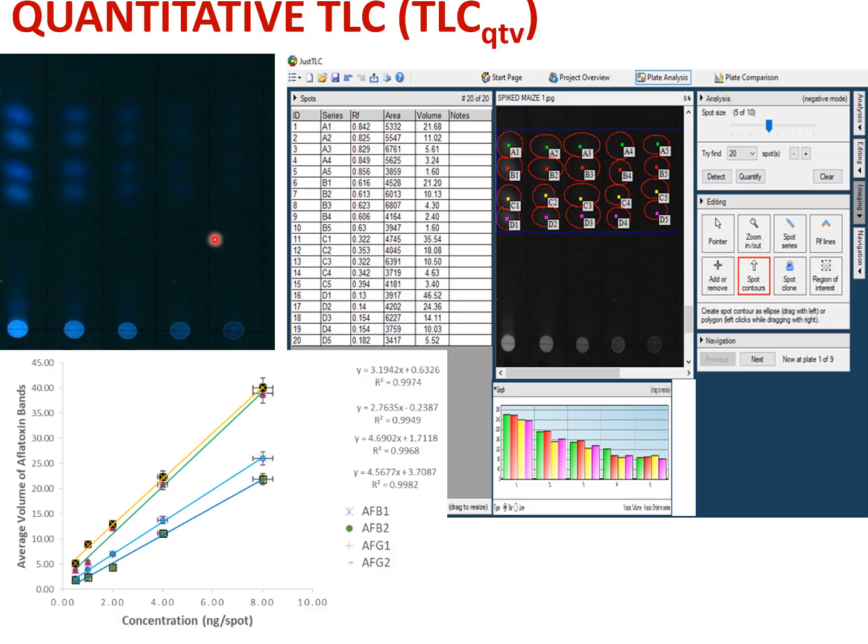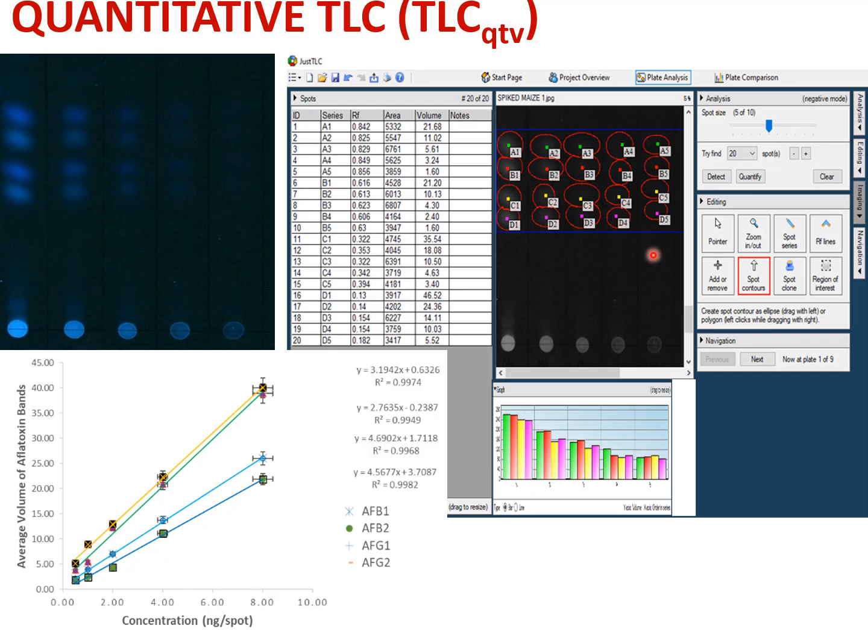Like in this example, standard aflatoxins are spotted. After spotting, the samples were developed. After developing, the image was then imported into JustTLC software to quantify the respective densities.